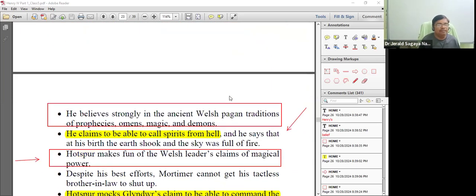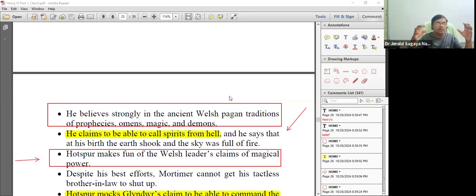As we discussed in the character sketch of Owain Glendower, he was a very strong warrior, and at the same time deeply rooted in Welsh pagan tradition, which believed in prophecies, omens, magic, and demons. So he was a very mysterious character.